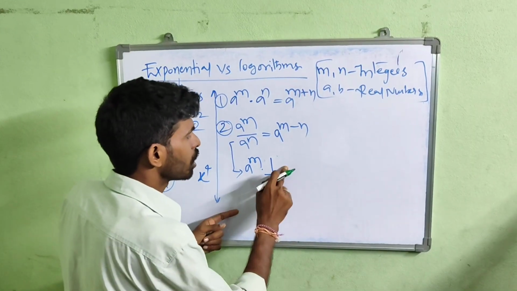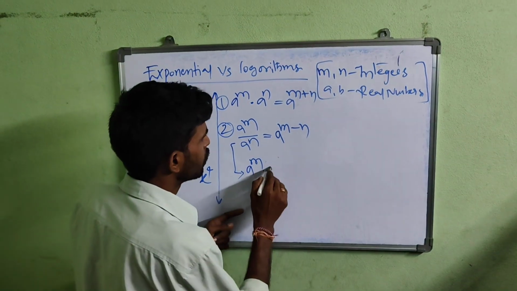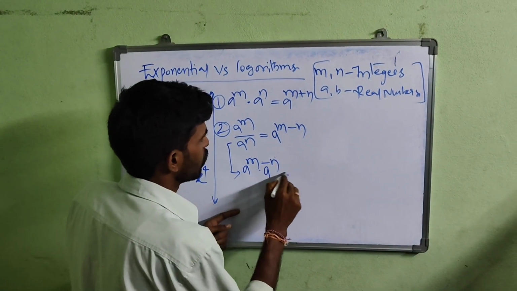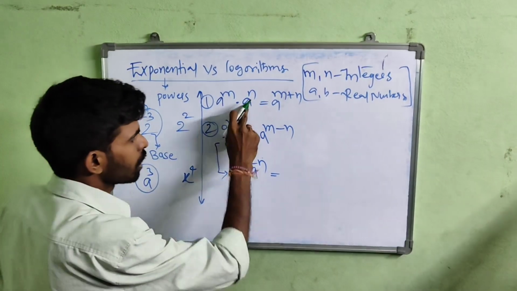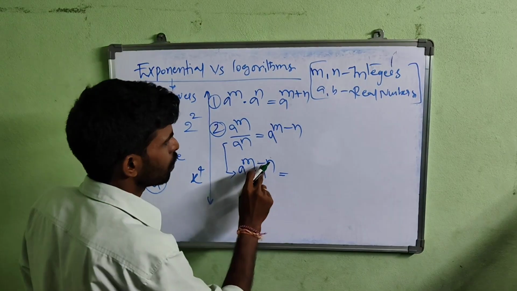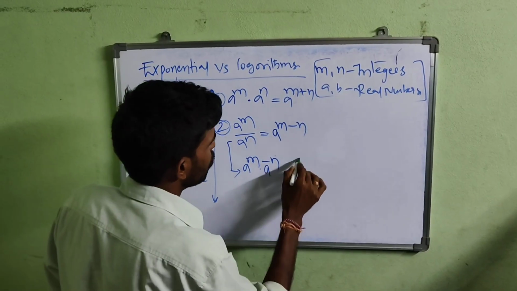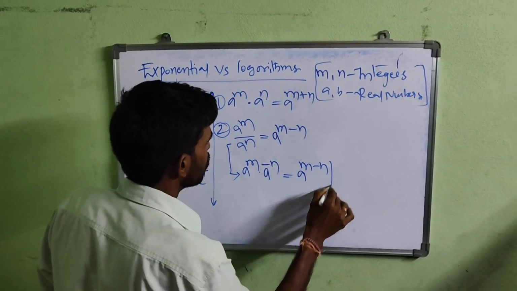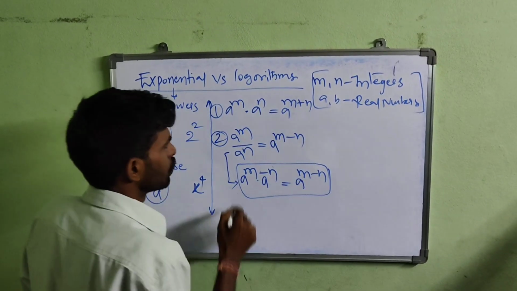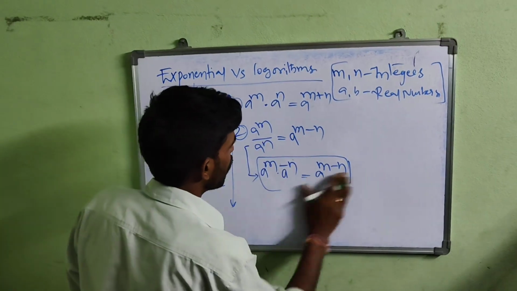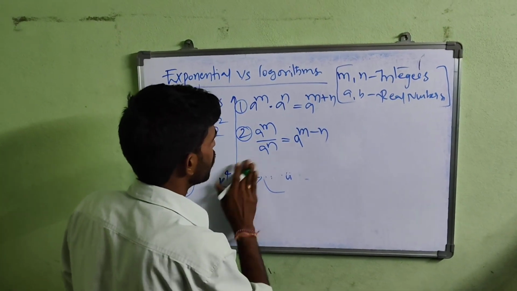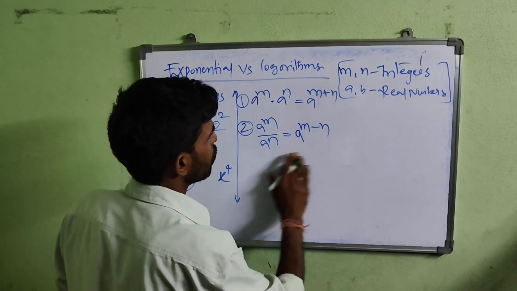If I take the denominator to the numerator, it will be a power minus n. With the same formula, a power m into a power minus n means a power m minus n. That's why a power m divided by a power n is a power m minus n.